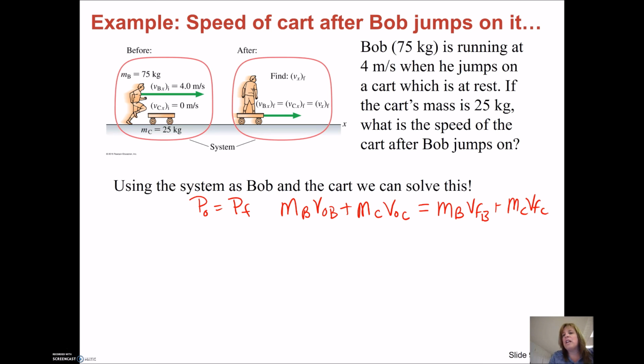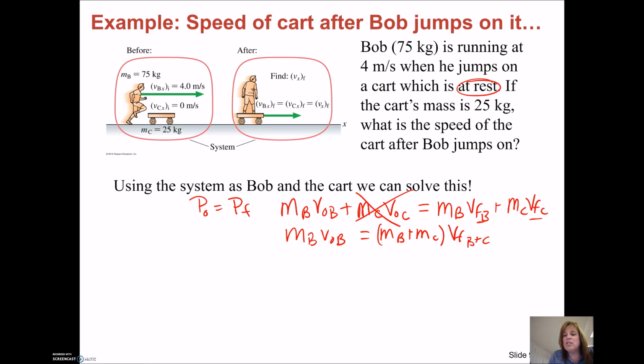Now, looking at this equation, I know that originally the cart's at rest, so that quantity is 0. I want to find the velocity of the cart after Bob jumps on. Well, that's the same as the velocity of Bob. So these two velocities are the same, and I can factor them out. That leaves me with this as my equation. We'll pull out the masses, because they are now stuck together as the system, times the final velocity of Bob plus cart, because they're together.